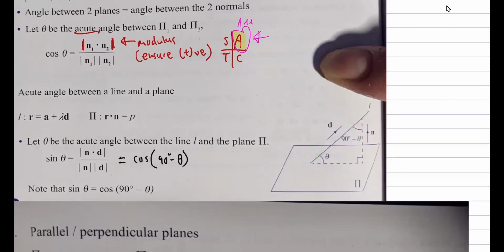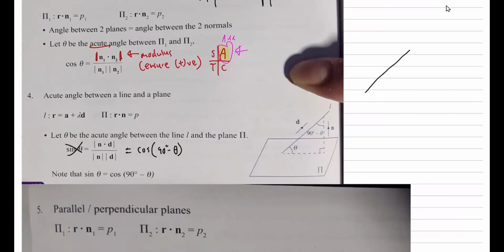Alternative strategy, instead of memorizing sine theta, which is what I usually do, I draw a picture, use the cosine formula, and memorize only the cosine formula. For example, after I use my cosine theta formula, I find that this angle is 23 degrees. Then I use the picture and take 180 minus 23 minus 90.